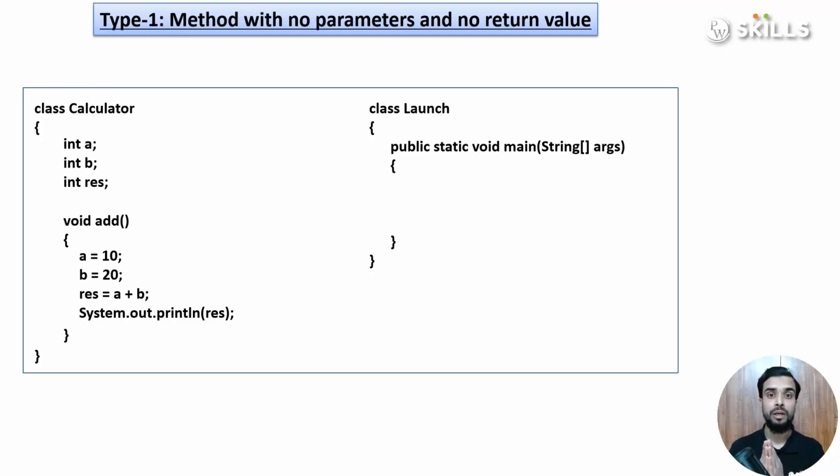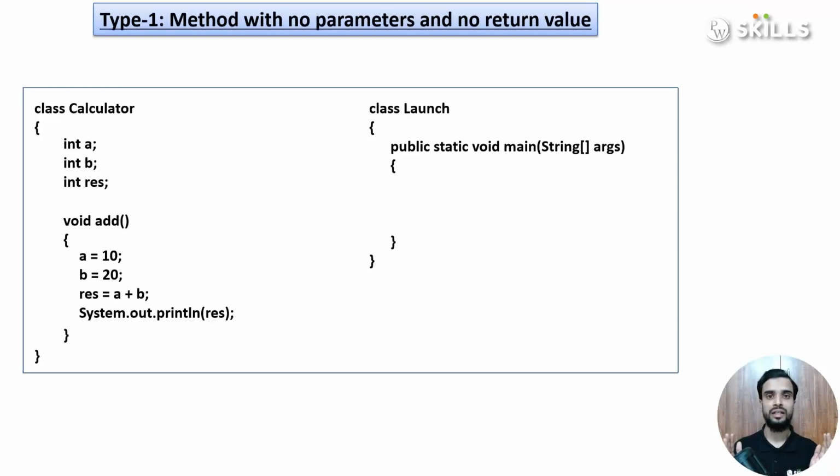And now from the main method, I would like to call my add method, because we have understood something very fundamentally about methods and functions, that a method cannot be magically executed. Whenever you want any method to be executed as a programmer, what is that we should be doing? Absolutely correct. We need to call the method.